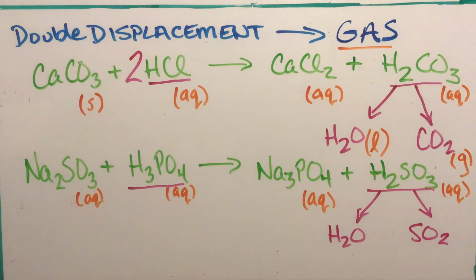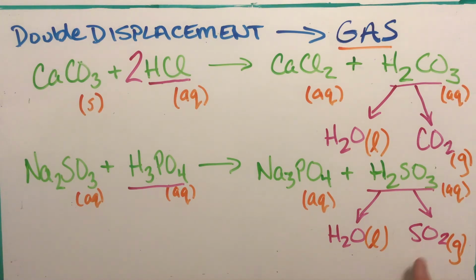And the states of those, water, of course, is a liquid, and sulfur dioxide is a gas. So again, when you see the acid forming the acid, right, this is sulfurous acid, we break it down, remove the water, what's left is going to be your gas.